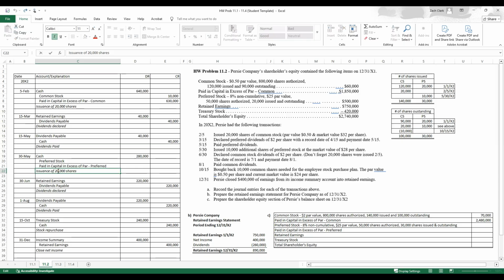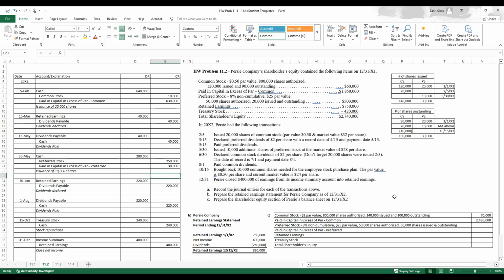And this was an issuance of 10,000 preferred shares. And what's our par value here? Oh, it tells us $25 par value, so 25 times 10,000 shares, so 250,000, and then the excess being, whoops, that's not right, that minus 30,000.